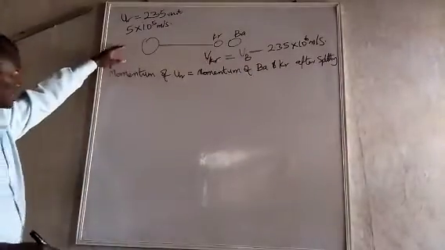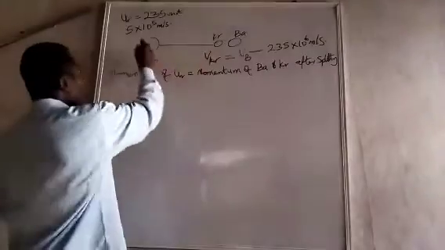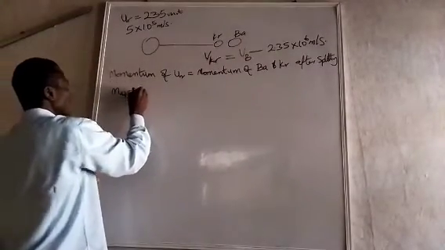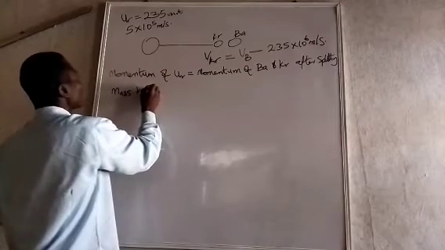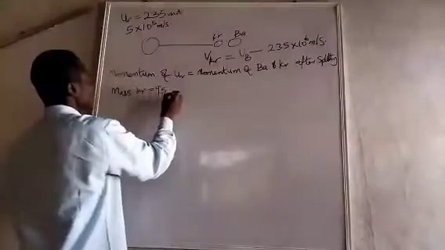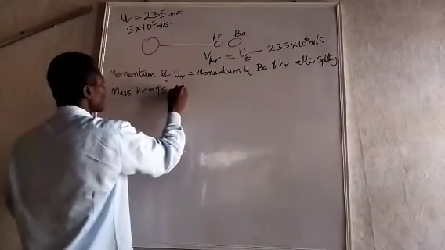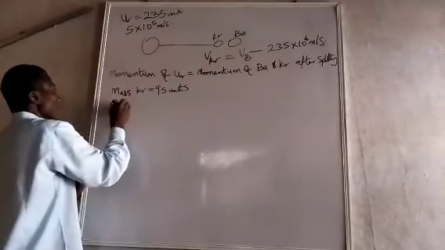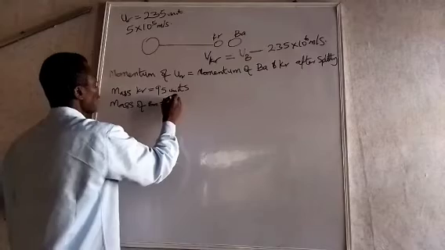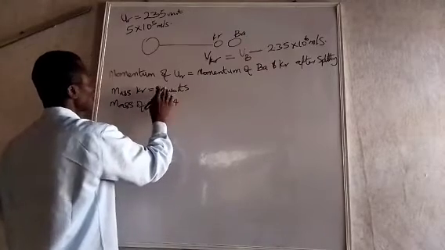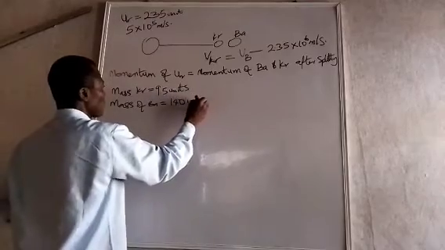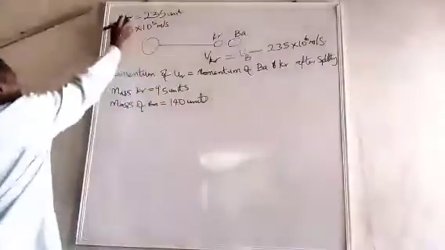Now, the mass of krypton is 95 units, and the mass of barium is 140 units, because the sum here must give us 235.